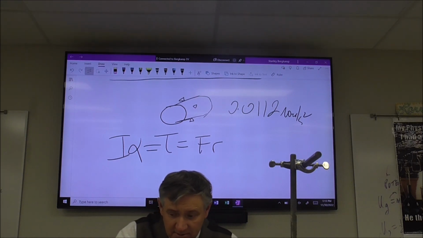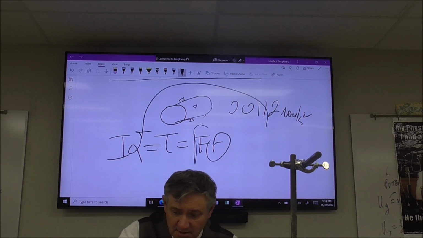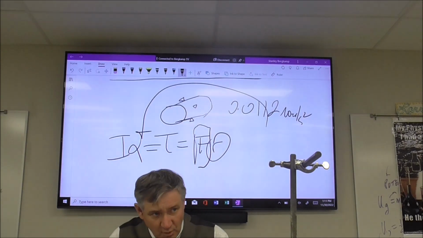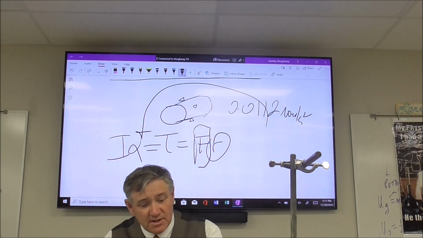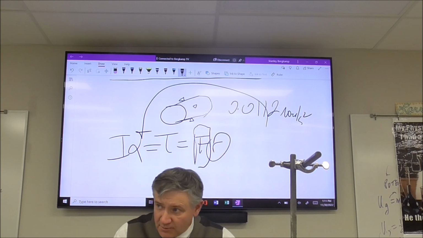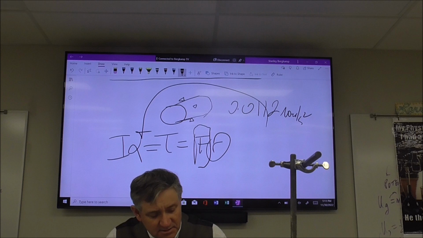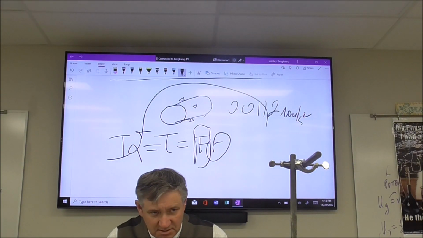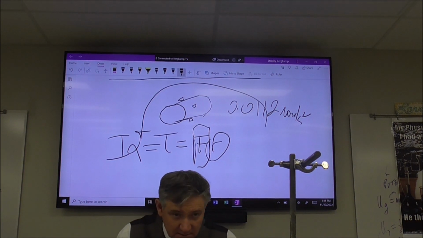You know your angular acceleration from here. You know the radius. You're going to find the total force that has to be exerted, and then you divide that by the number of rocket engines that are available. So that answer to 4B should be close to the legal drinking age in the United States.